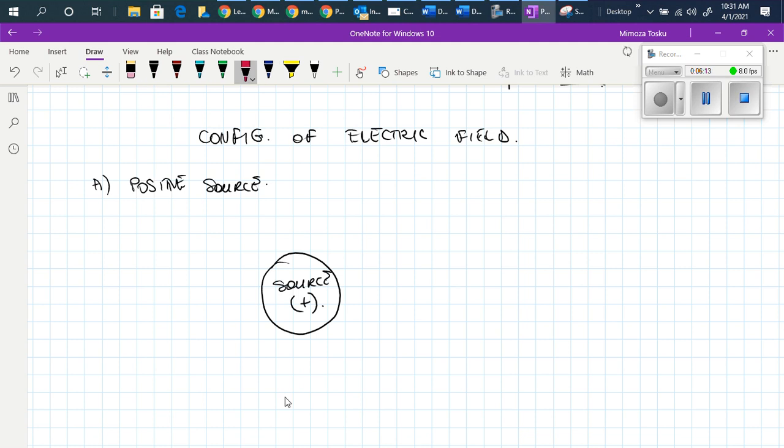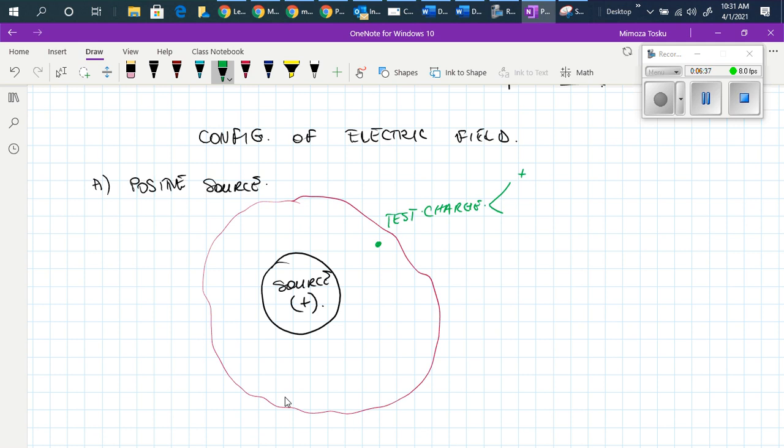Now we said that the source is surrounded by an area, so that if we place a test or a similar object in this area, then we will see an interaction. Now what we do is we place a test charge, and the condition for the test charge is that it is positive, and the magnitude of the test is way smaller than the magnitude of the source.